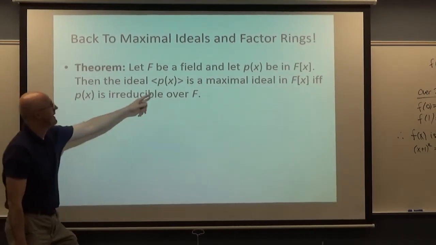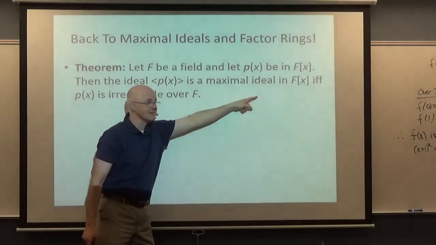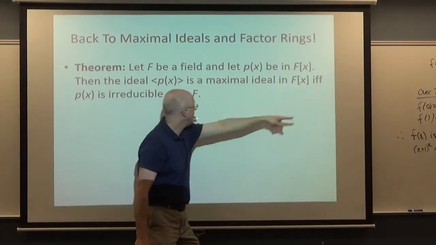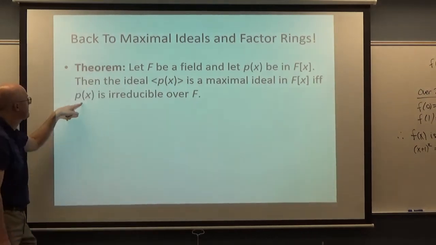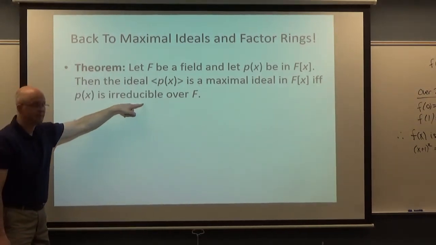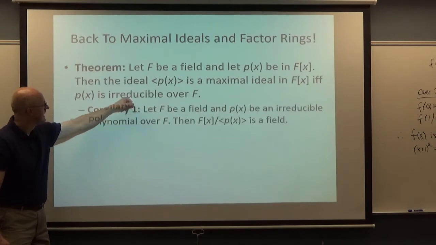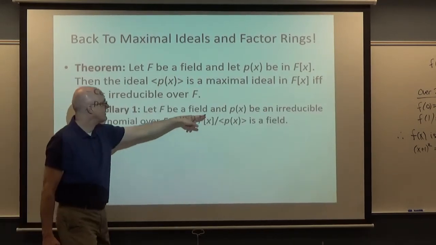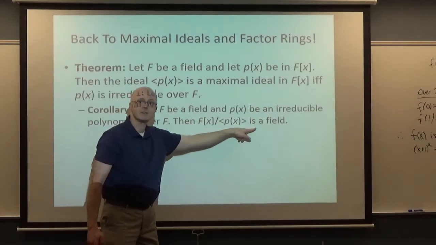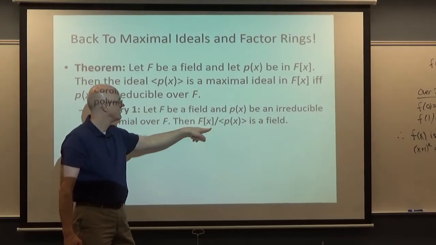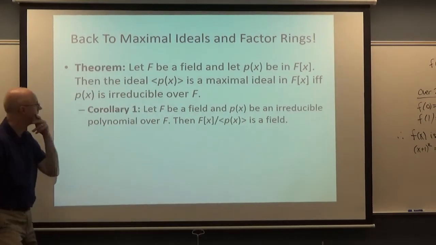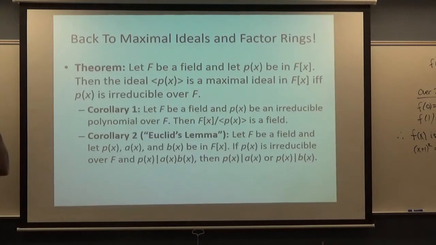The ideal is a maximal ideal in this ring if and only if the polynomial is irreducible over F. Corollary: when p of x is irreducible, this factor ring is going to be a field. And there's also a corollary that's a generalization of Euclid's lemma.